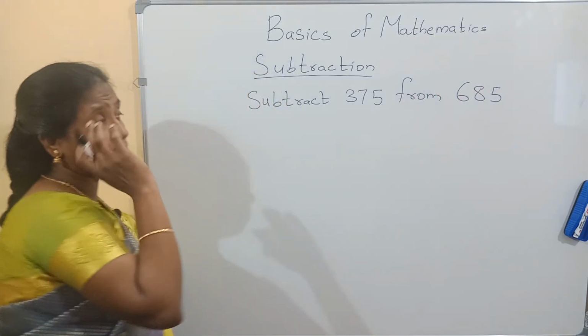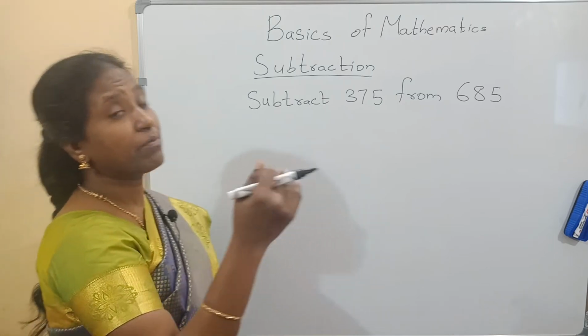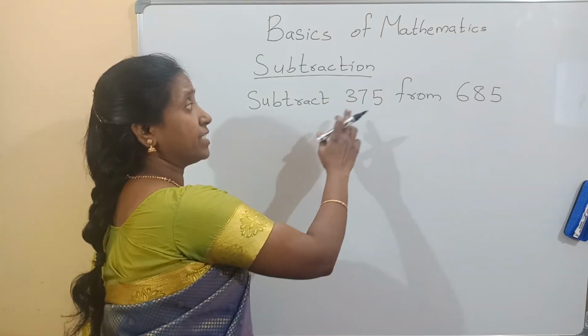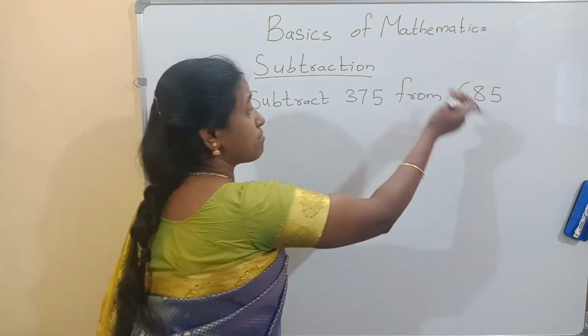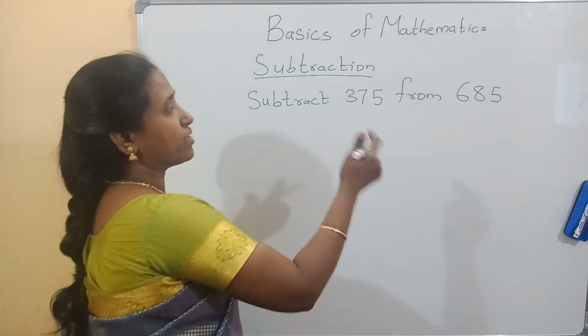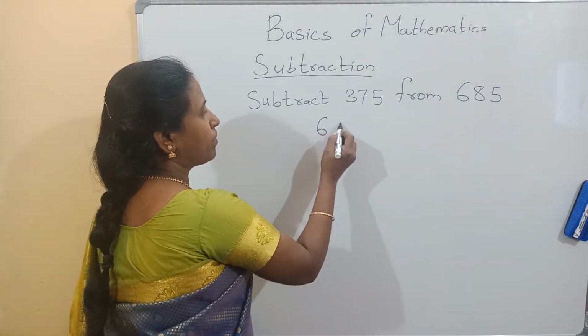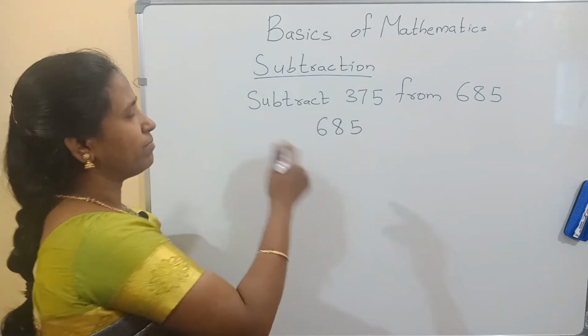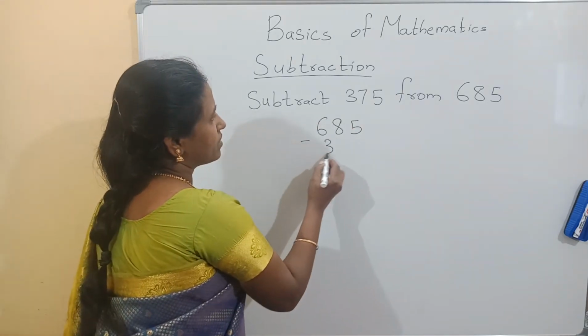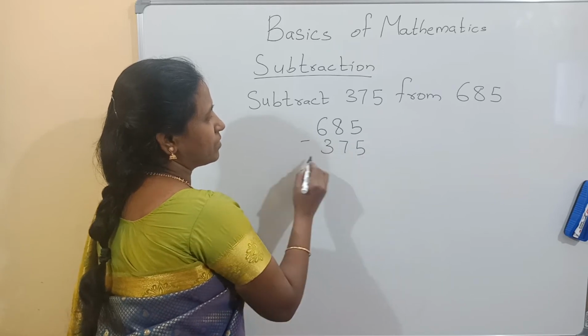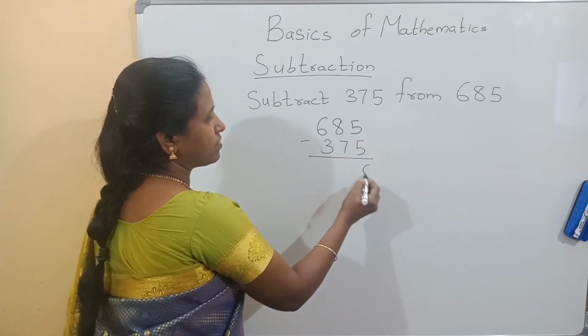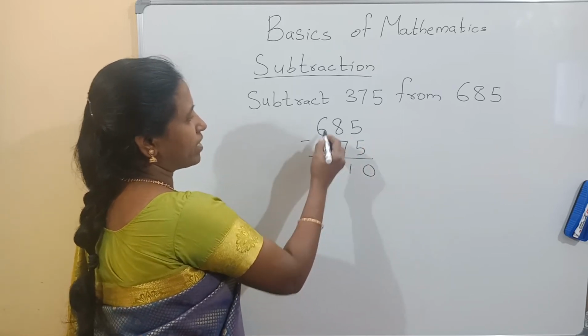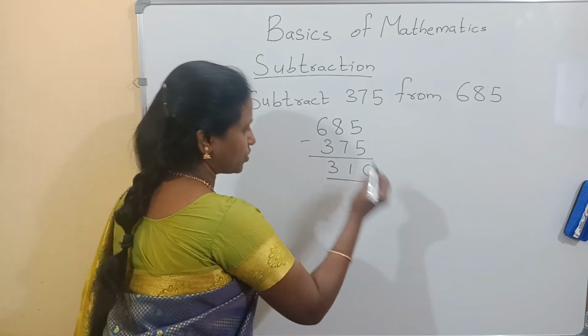Now you need to have clarity. Which one from which one? 375 from 685. So which would you put on the top? 685. And which at the bottom? 375. Right? 5 minus 5, 0. 8 minus 7, 1. 6 minus 3, 3.